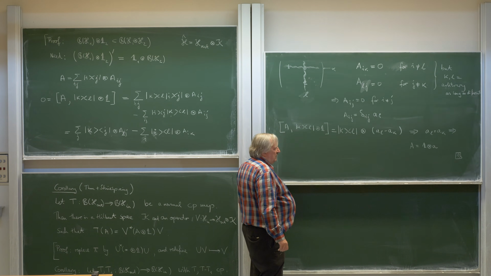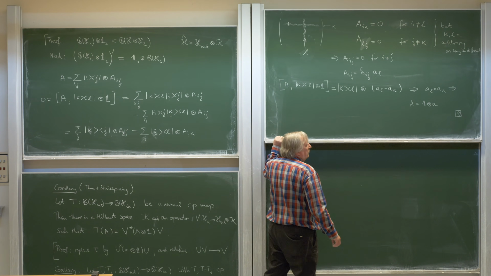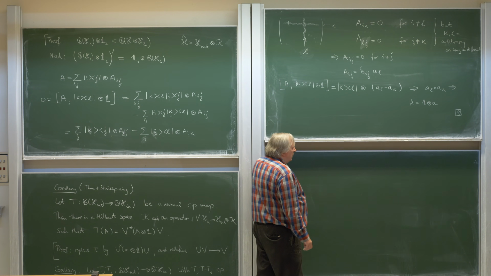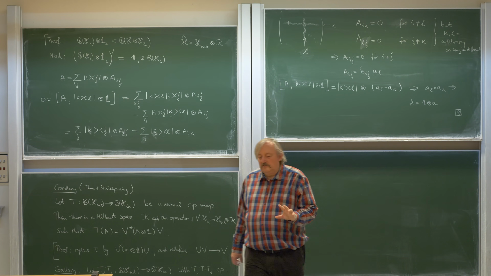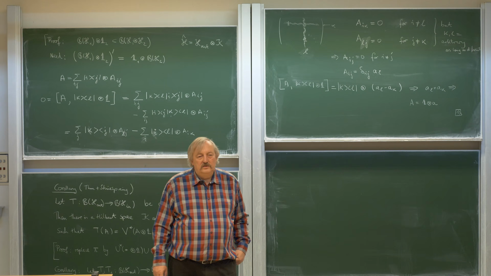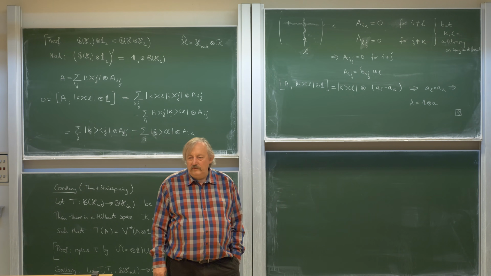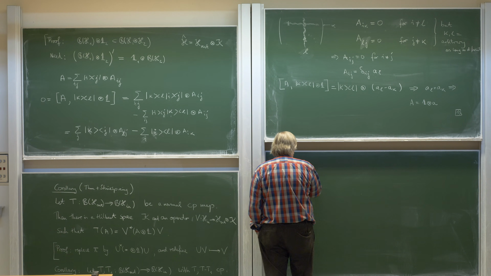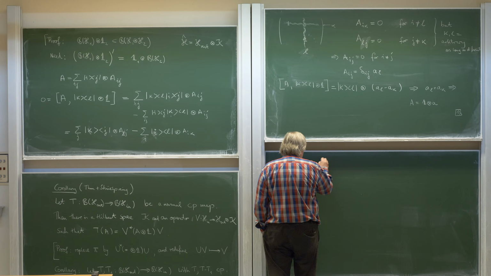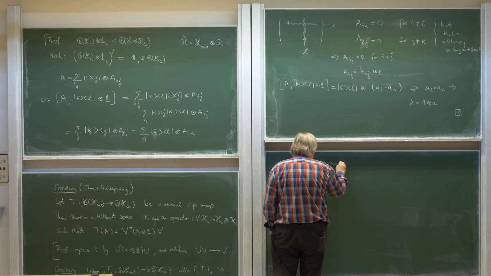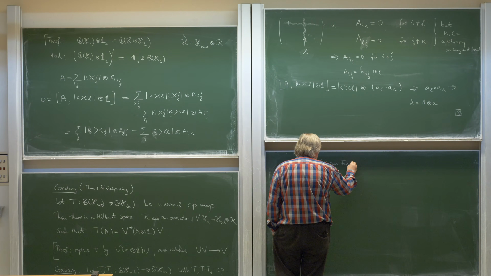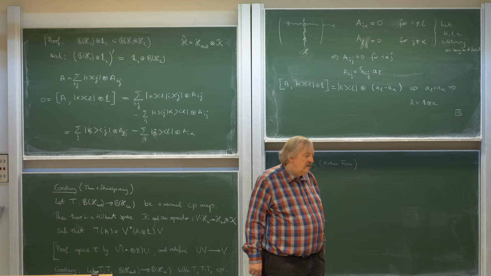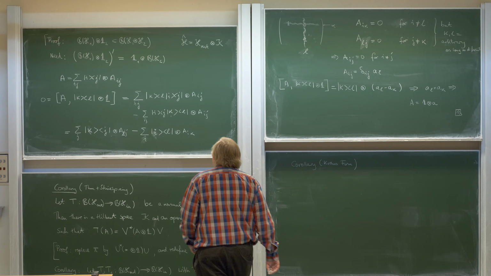So next item. One thing that we can also do today is connecting that back to the other form of a completely positive map that we have. Right? So why from this fact about the commutant do we actually get the corollary?